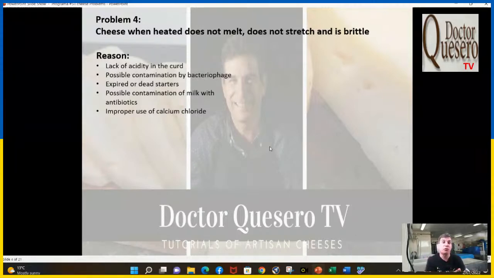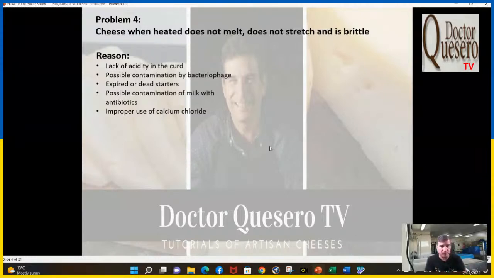Or if you put too much calcium chloride and you are acidifying through lactic culture, your level of calcium is too high, because you put too much calcium chloride. There is a balance between the calcium and the level of acidity. The acidity lowers the level of calcium.